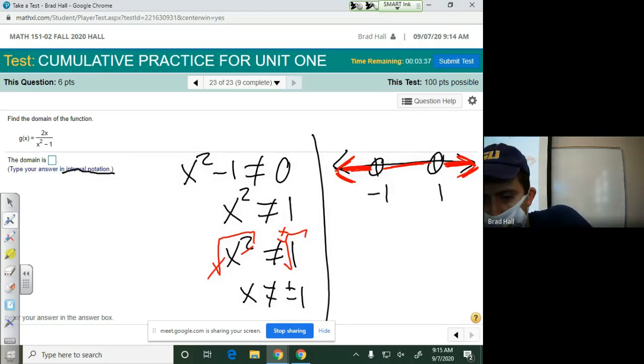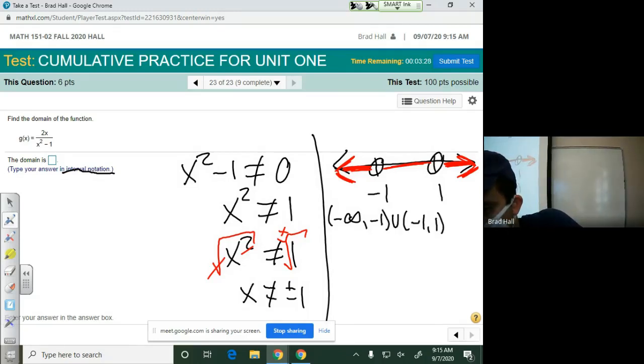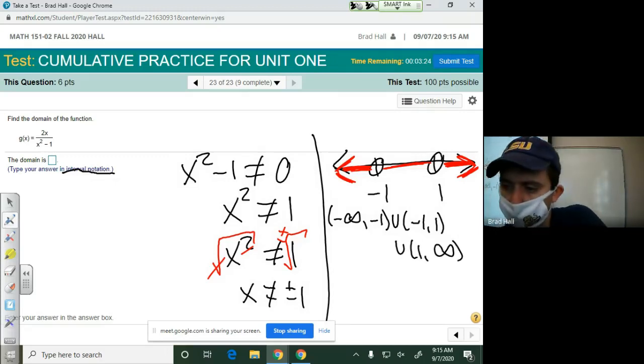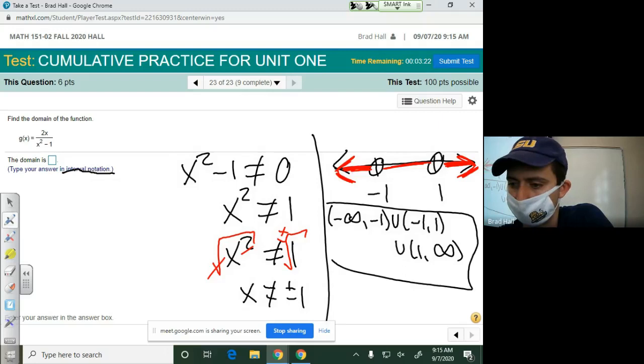So for each one of those intervals that I highlighted in red, it will get its own interval notation. We would get this as an answer.